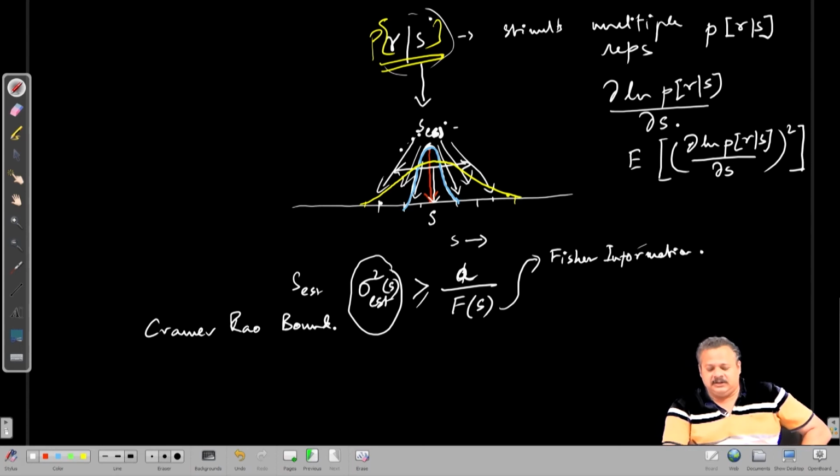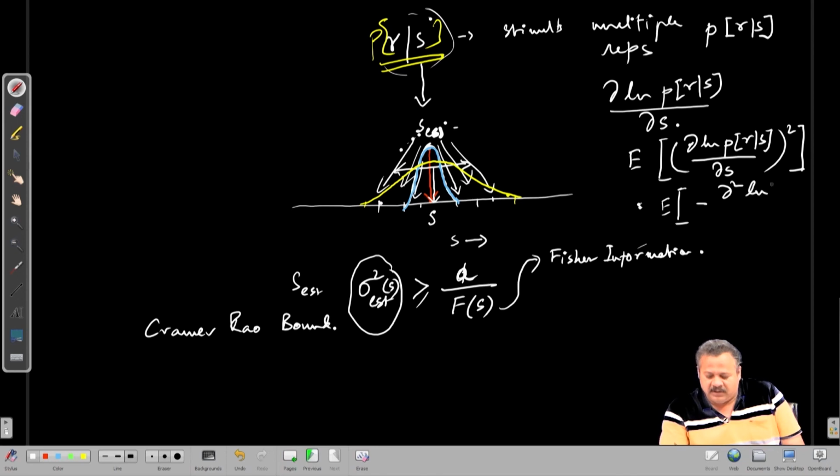This expectation is obviously over R, the response distribution. Alternatively, this is an exercise that you can do, this can also be defined as the expectation of the negative second partial derivative of log P(R given S) with respect to S.